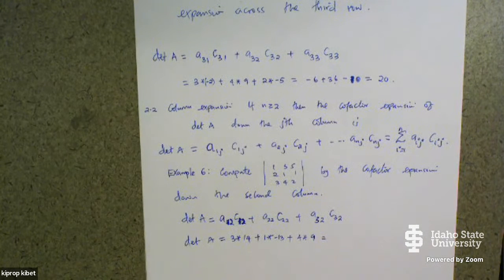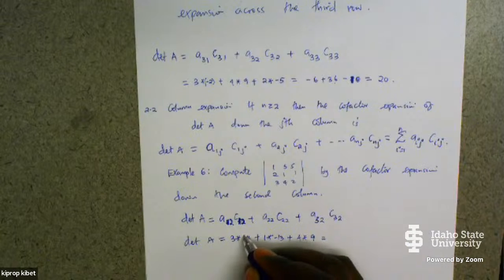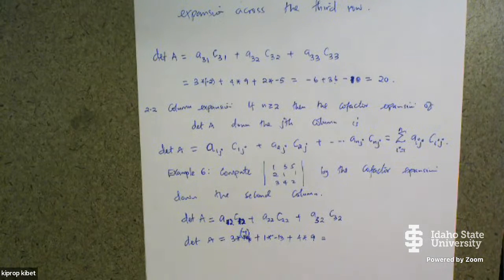So 1, 2 is 3 and what? 1, 2 there is negative 1. So this is actually negative 1. Yep. So it's row and column.